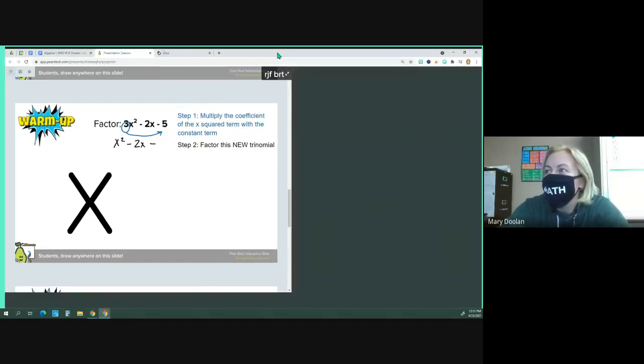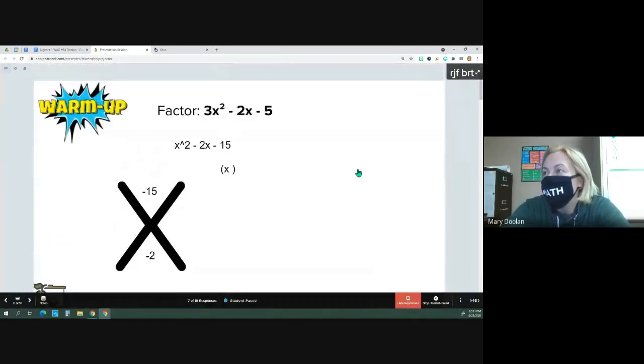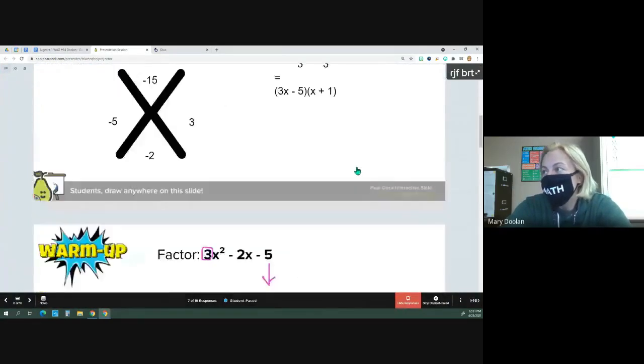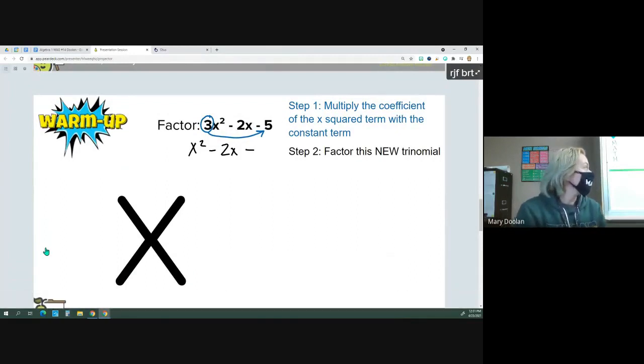All right. So let's take a look at what you guys are coming up with. The first step, we learned these steps yesterday of how to factor quadratic trinomials that look like this. The first step is to multiply the coefficient of the x squared term, which is 3 on this problem, with the constant term, which is -5.